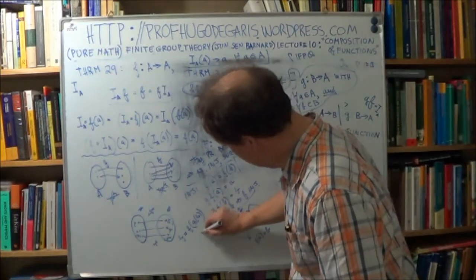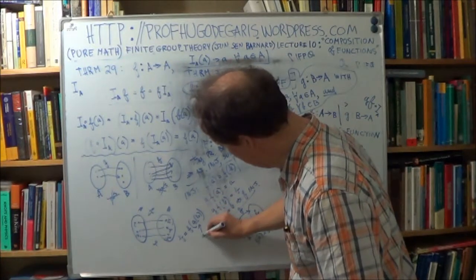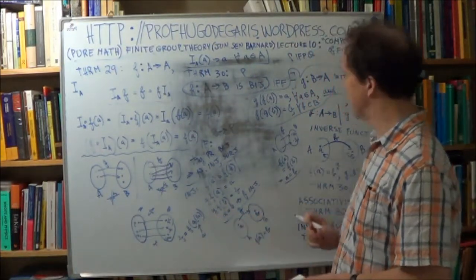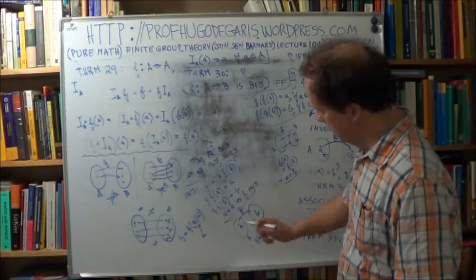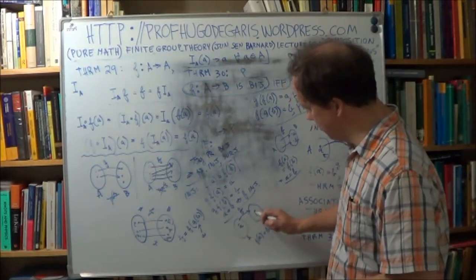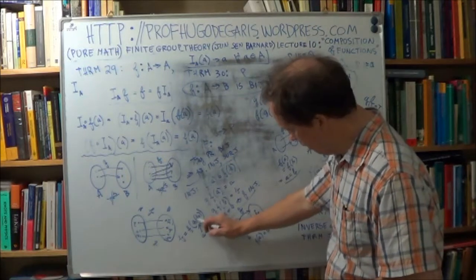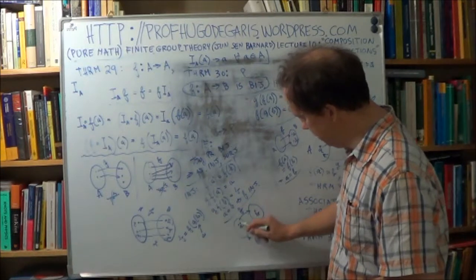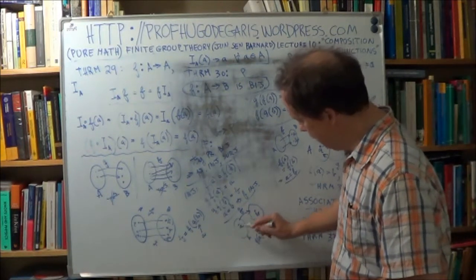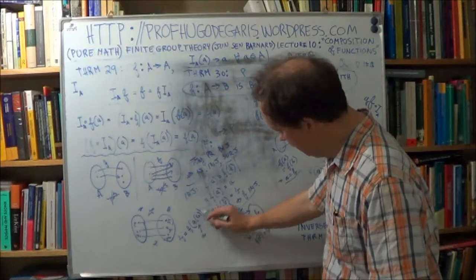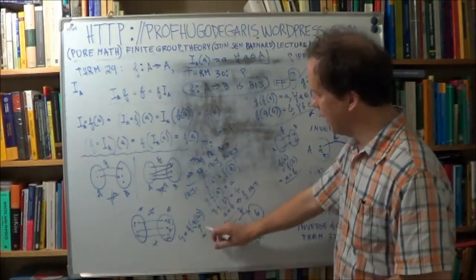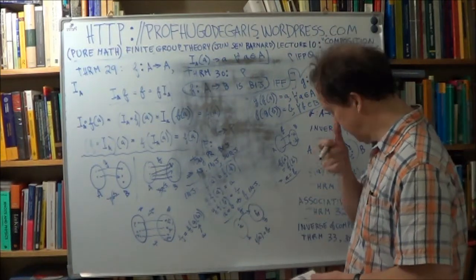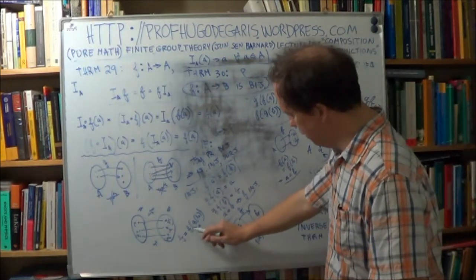So let that be your A. That G of B is your element that maps to B. That's your element A. So if you put A in here, if G of B is A, then f of A takes you to B. And we know that's true.